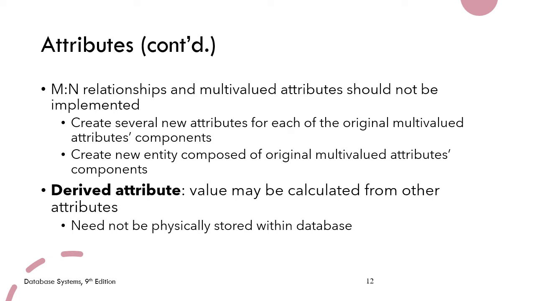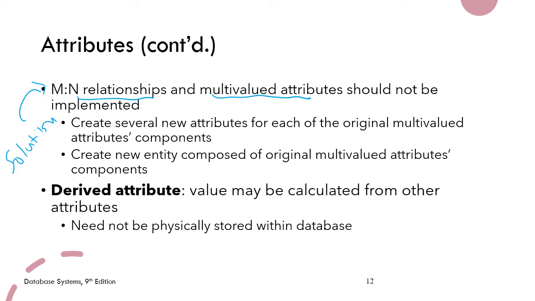The solution is to create several new attributes for each of the original multivalued attributes, and to create a new entity composed of the original multivalued attributes. This is the solution if you find either of these situations.